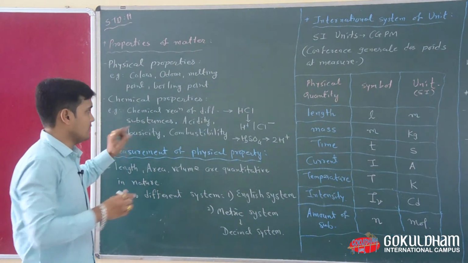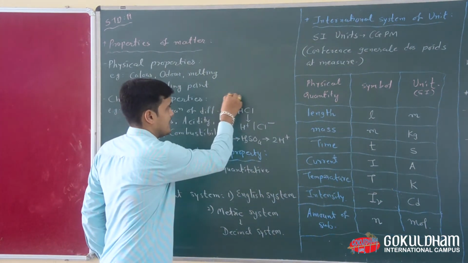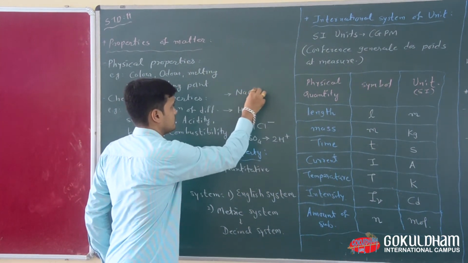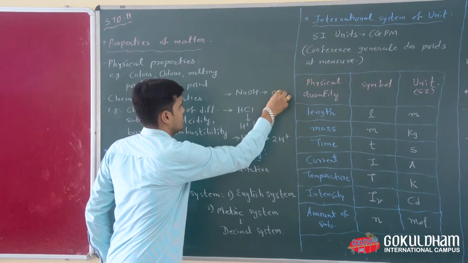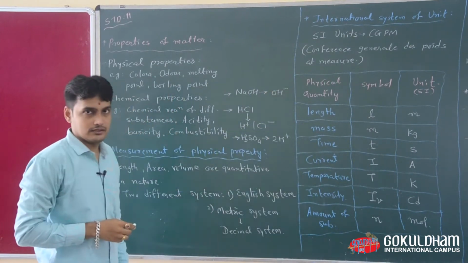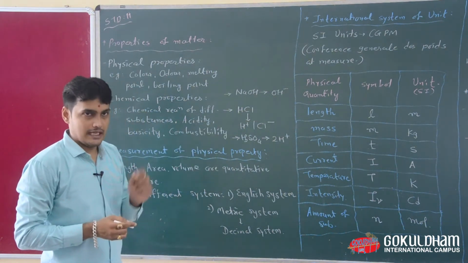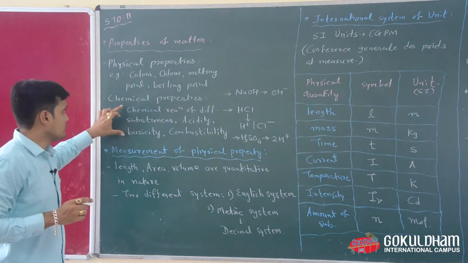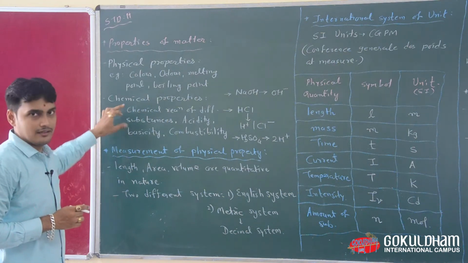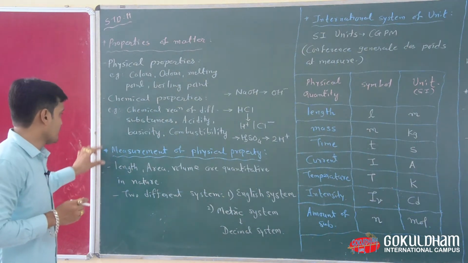One example is NaOH. This will give 1 OH-, meaning the basicity of NaOH is 1. So these chemical properties are quantitative properties.